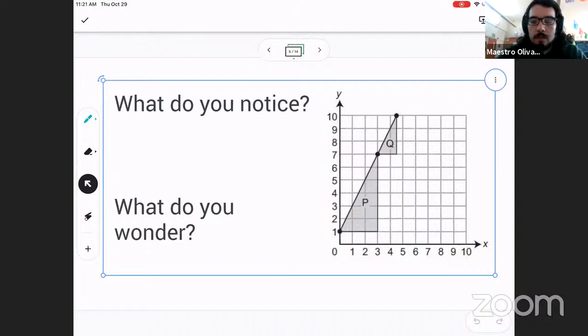Triangles. Please take 1 minute to write out one thing you notice. And if possible, please make this public, okay? So don't private message me. Send it to everybody. Because remember, there's no right or wrong answer here, okay?